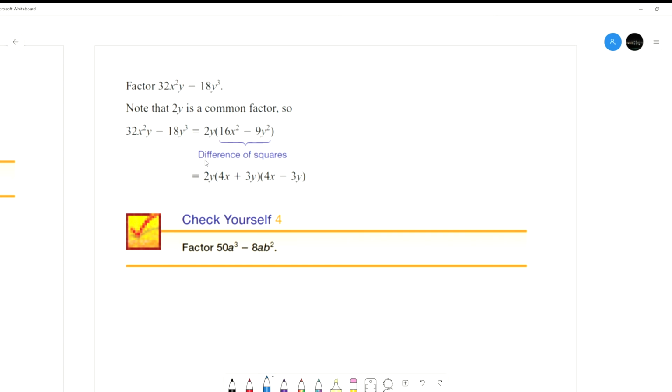What divides into both 32 and 18? Can anyone tell me the GCF? You could say it out loud in this one. 6 is correct. 8 would not divide into the 18, right? Oh, actually, not 6. Wait, 6 is not correct. Sorry about that. 8 would not go into 18. 6 would not go into the 32, right?